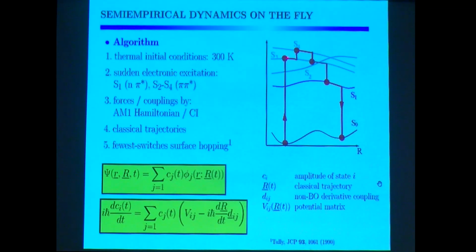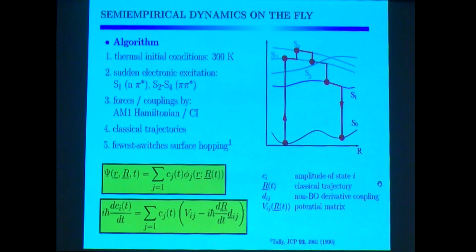We excite to some excited state. This is a pi star excitation to a higher pi star excited state. And then the whole system starts to move, and every now and then transitions to other potential energy surfaces occur with some probability given by the non-adiabatic coupling vectors. And in the end, you may or you may not end up in the cis form.